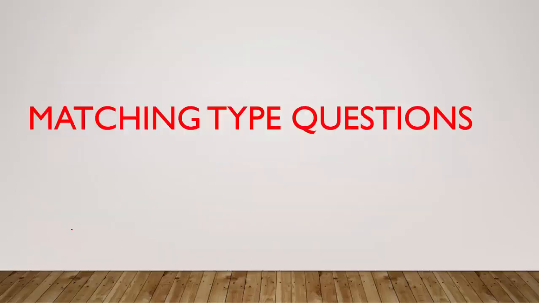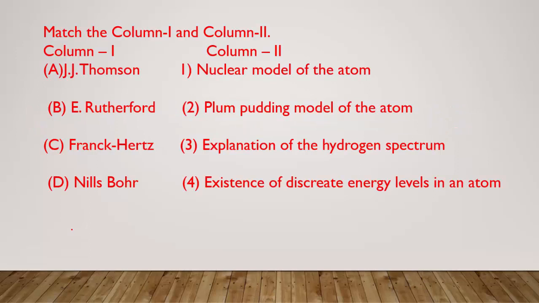And now I would like to solve some problems on matching type questions. Here two columns are given. Now we are going to match column 1 and column 2. In column 1 they are given J.J. Thomson, Rutherford, Frank Hertz and Niels Bohr.